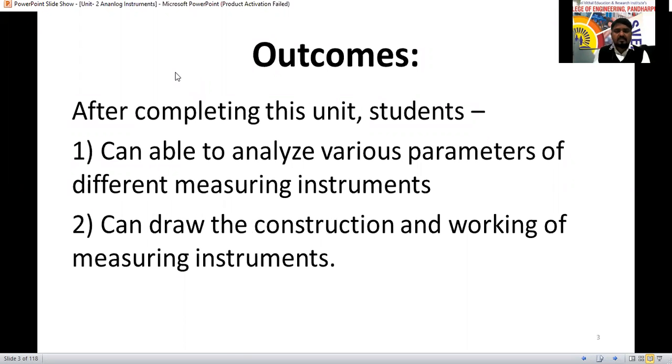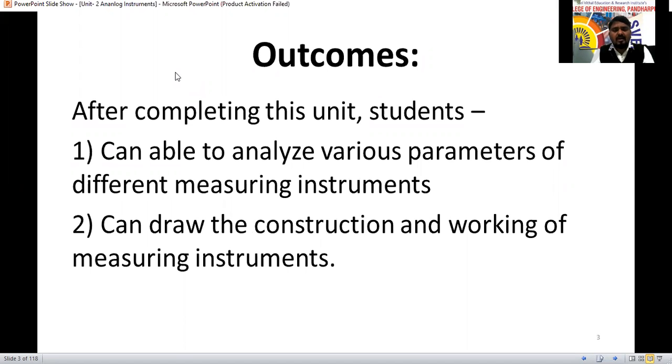After completing this chapter, you can analyze the various parameters and draw the diagrams. Suppose you go for higher education or give a presentation, they can ask you to draw the construction and working of dynamometers, PMMC, PMMI.